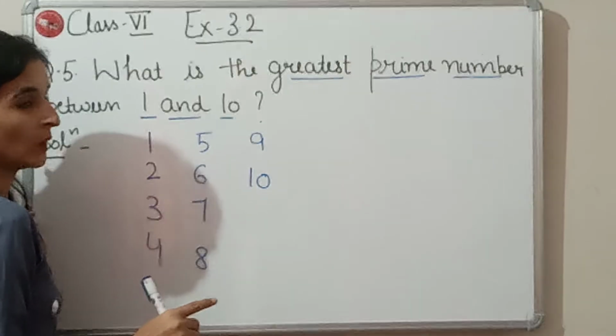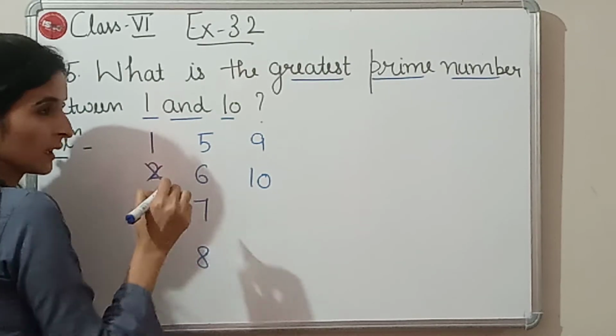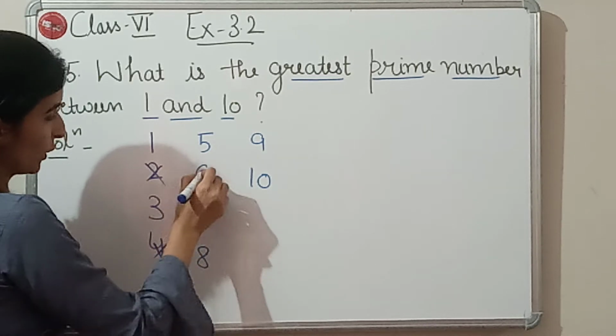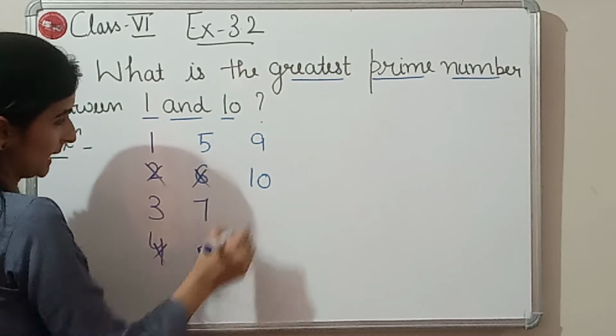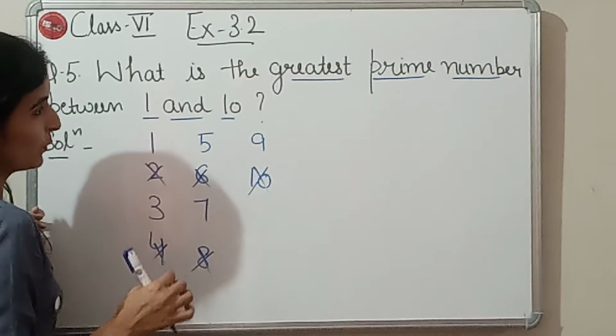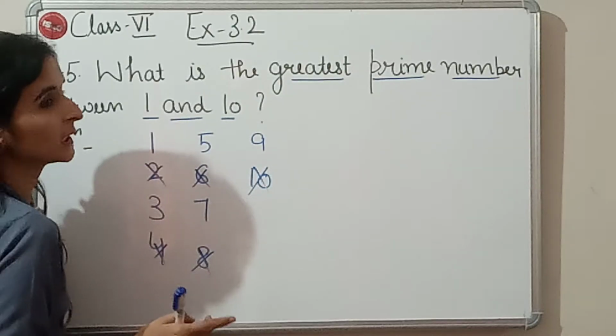So first of all we are going to put a cross over even digits. So even digits are 2, 4, 6, 8 and then 10. Clear? Now we have to check which one is a multiple of 3.